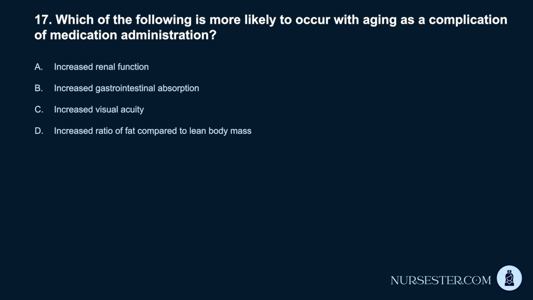17. Which of the following is more likely to occur with aging as a complication of medication administration? A. Increased renal function. B. Increased gastrointestinal absorption. C. Increased visual acuity. D. Increased ratio of fat compared to lean body mass. Correct answer: D. Increased ratio of fat compared to lean body mass.